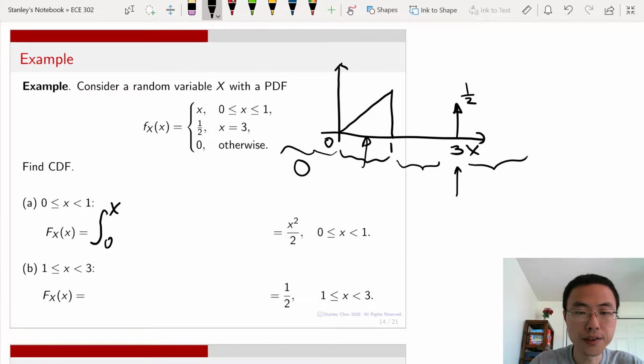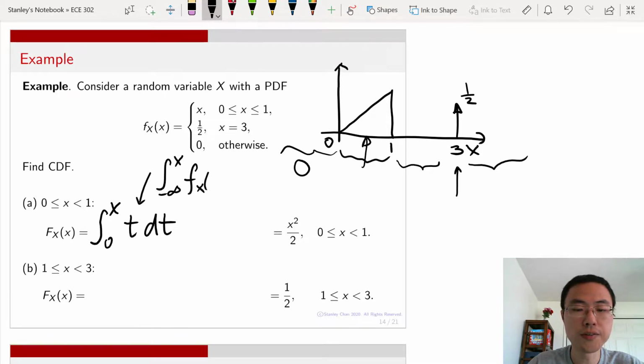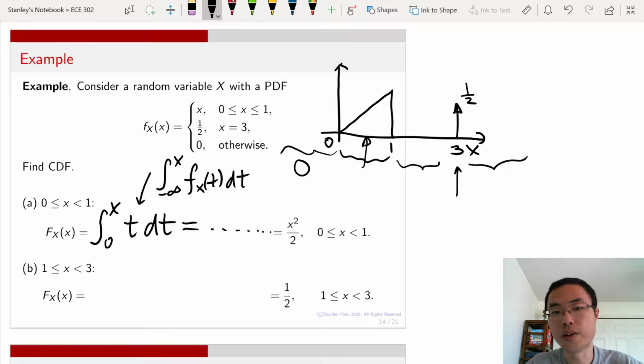I have this F_X, which is my x, and I want to replace it by t, with dt. This is no stranger, because it is just the integration from minus infinity all the way to x of F_X of t dt. Here I am just substituting my F_X and limiting myself from 0 all the way to x. This is just calculus, and I believe you can do it by yourself.